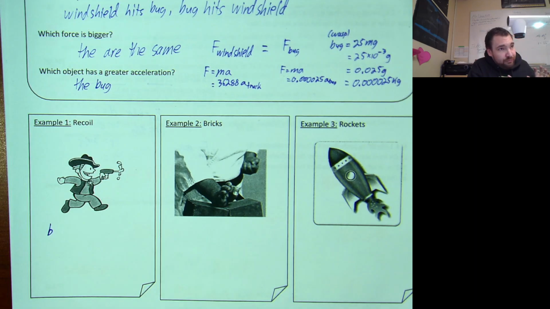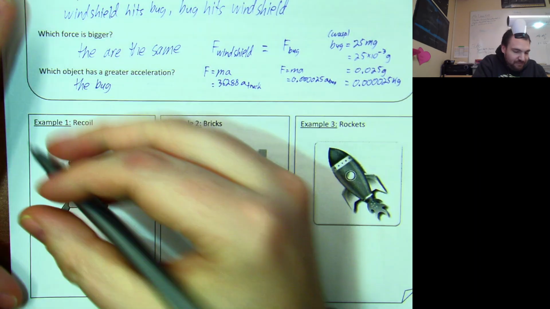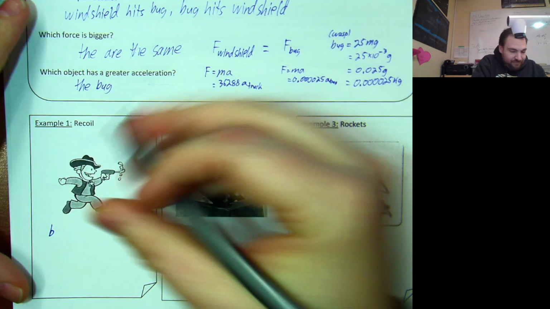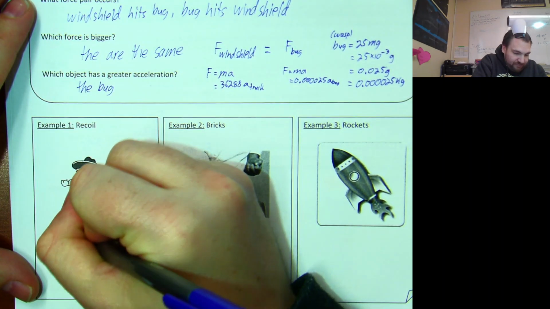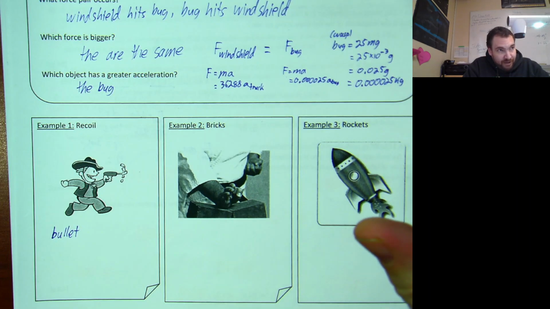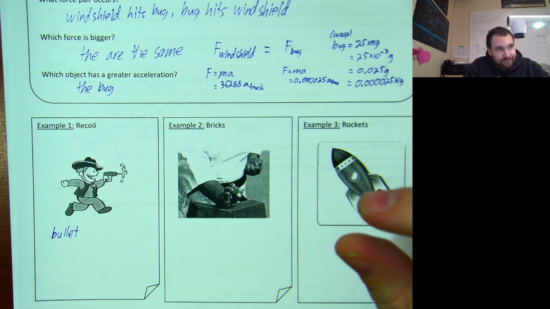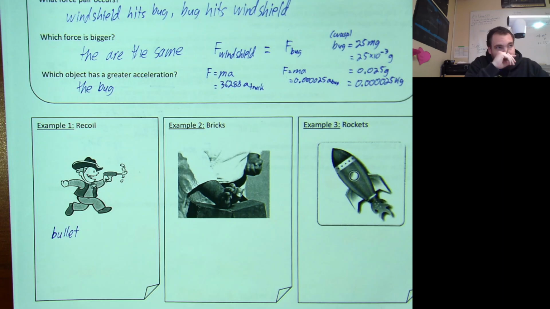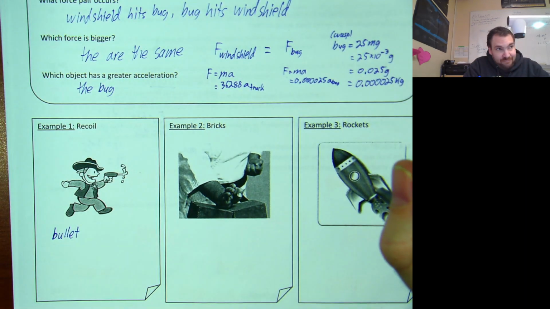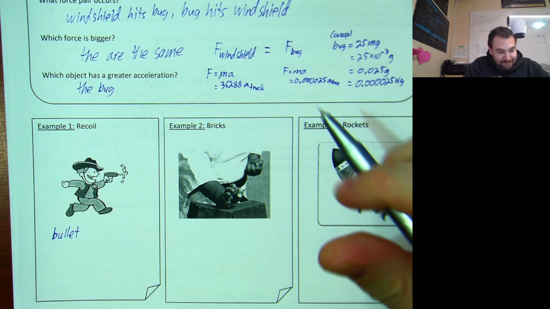As the bullet is shot, it moves forward at a very, very high speed, very quickly. The bullet, you mean? Yes. When it's shot, there's a very tiny point in the gun where it goes from zero to very fast.